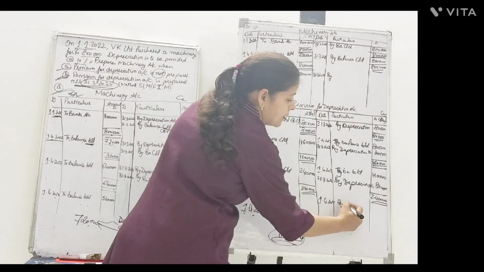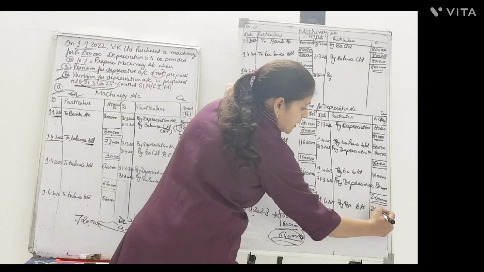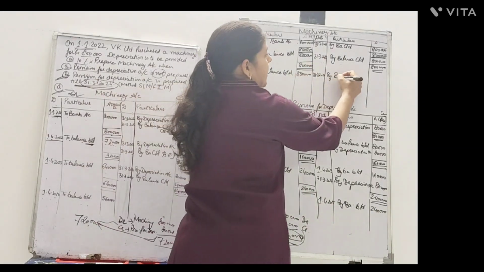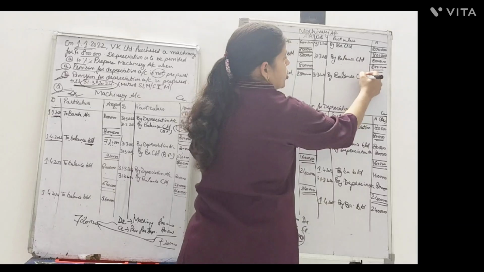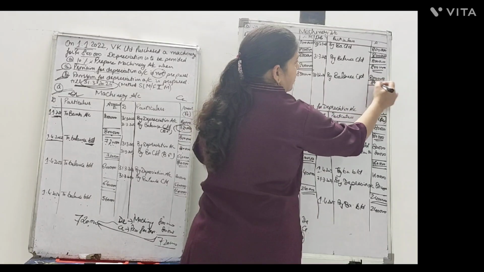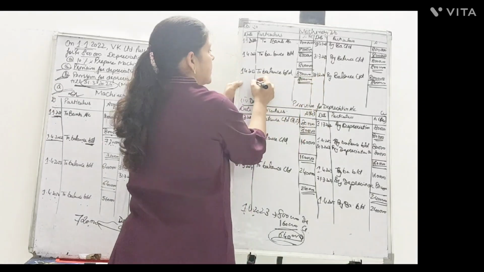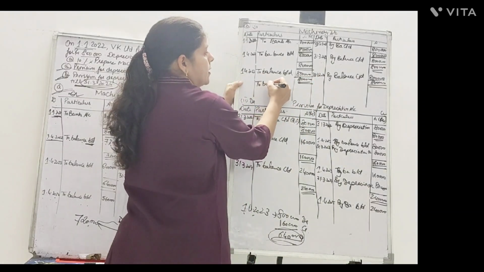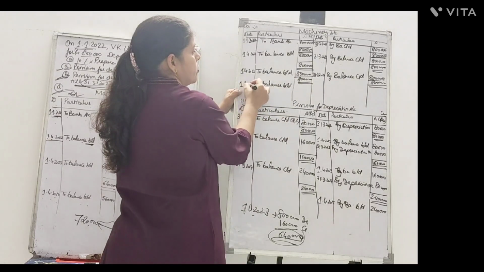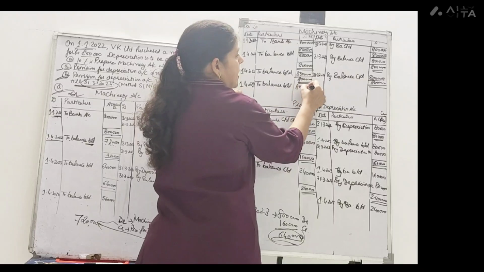What is the balance of this provision for depreciation account? That is 2,40,000. So the machinery balance would be carried down with the same, no change would be done here. It would remain the same, 8 lakh rupees. Closing the account with the double lines, and then again the balance brought down in the next financial year, 1st of April 2024, is 8 lakh rupees.